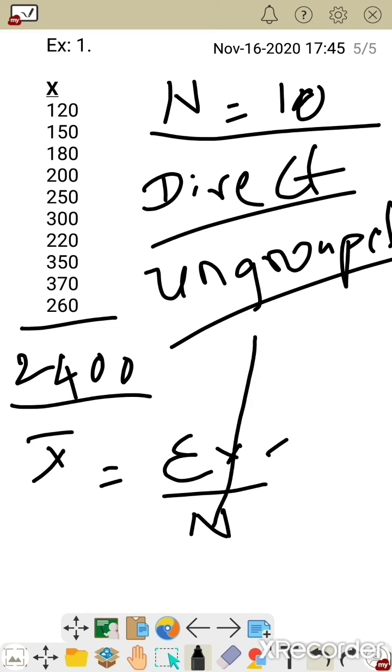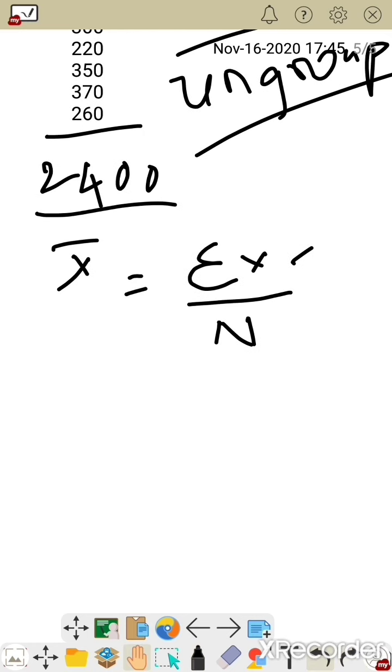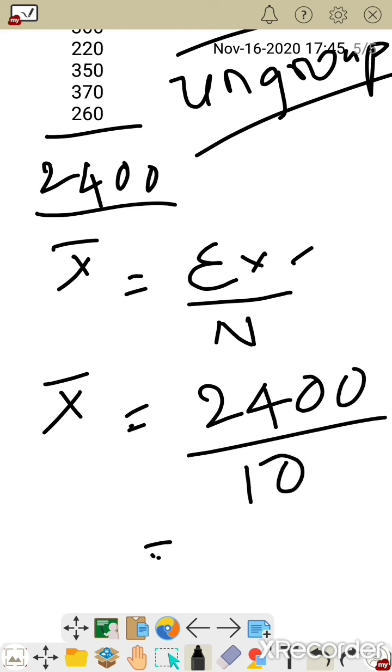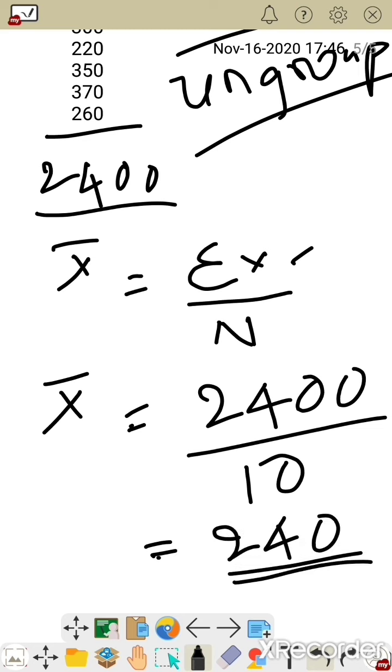So the average or mean x bar is equal to 2400 divided by 10, that is equal to 240. This is the average by direct method.